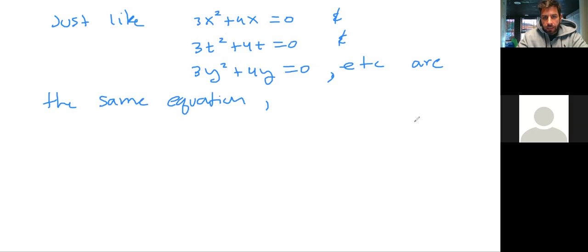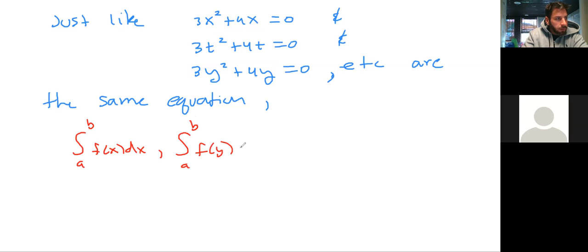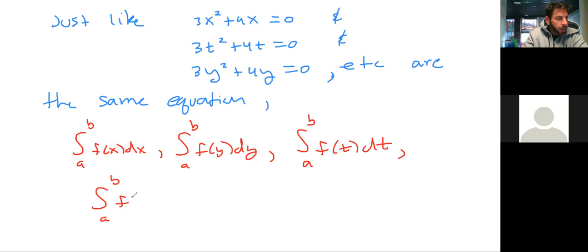If I now write an integral from a to b of f of x dx, from a to b of f of y dy, from a to b of f of t dt, heck, even the integral from a to b of f of star d star, etc., are the same integral.